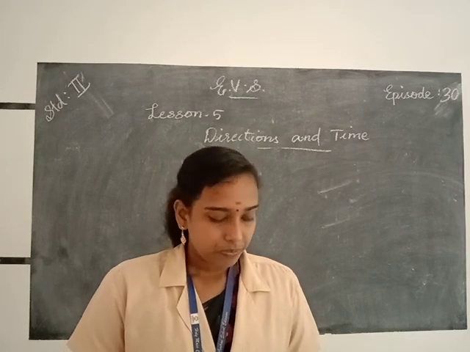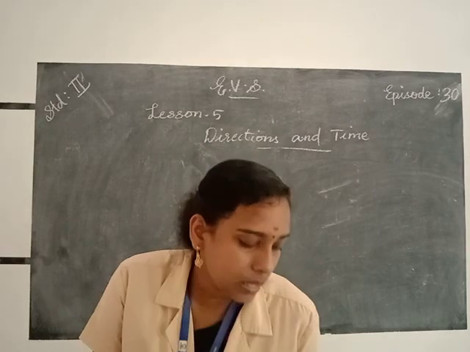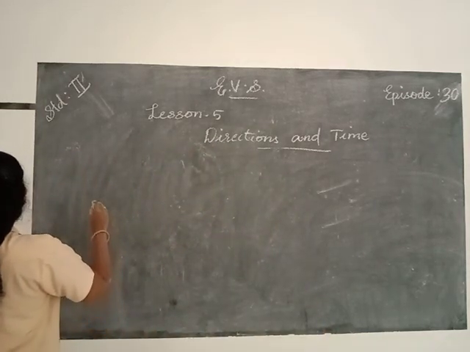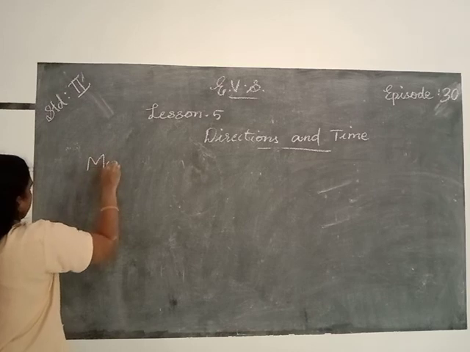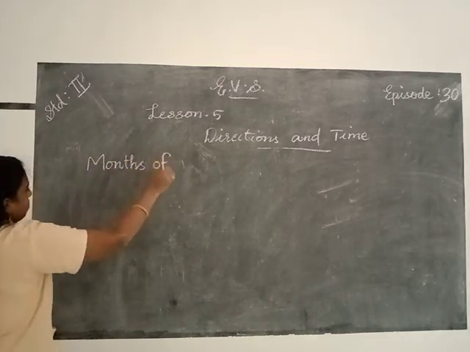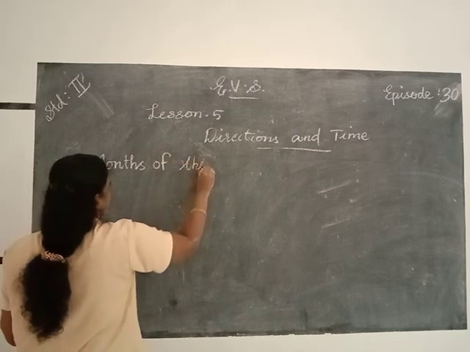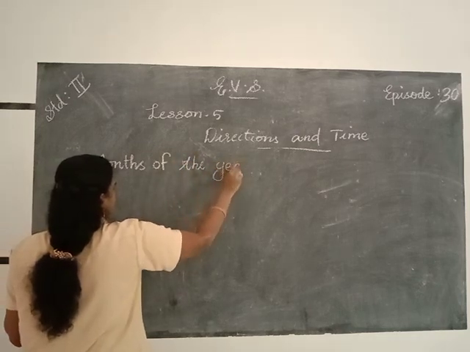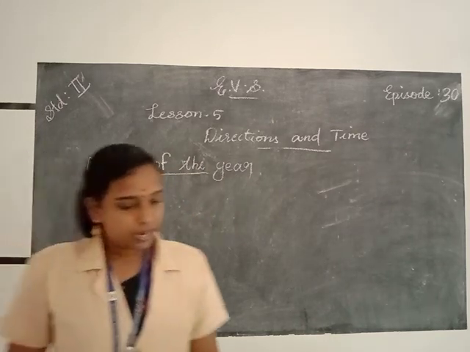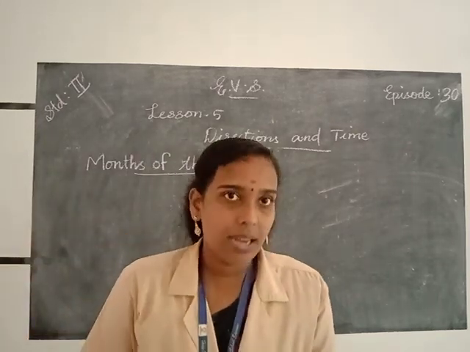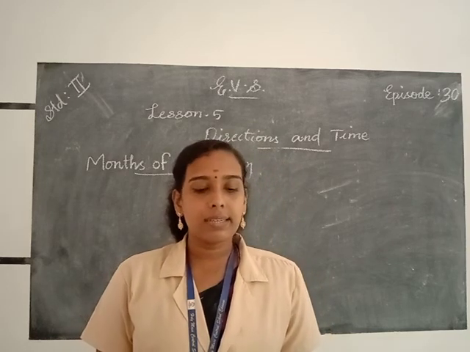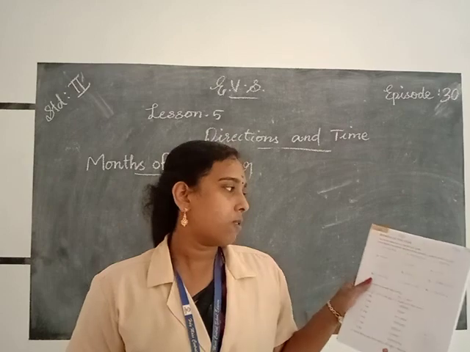Okay. Then the next one is months of the year. Months of the year, and there are 12 months in a year, and the months are, and here unscramble the letters and write the names of the 12 months of the year.